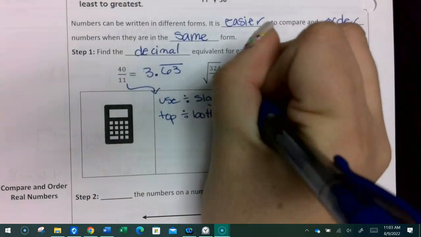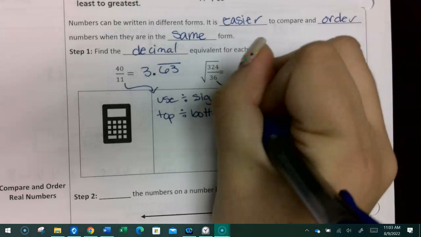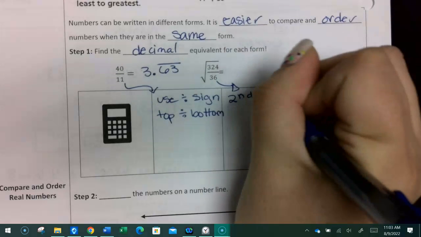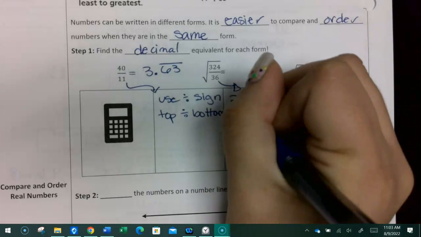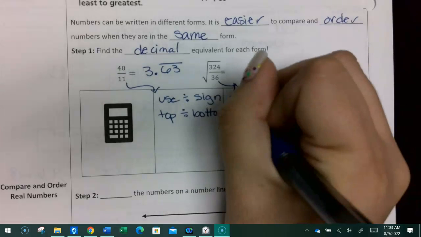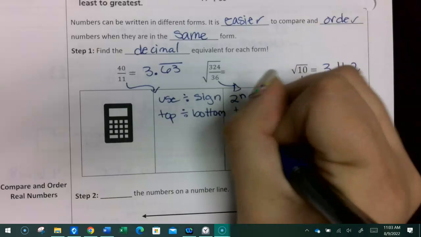Okay. Then to do the one in the middle, I'm going to combine both of these things. I'm going to do second, the x squared button. Then I'm going to type the top number, the divided symbol, and then the bottom number.